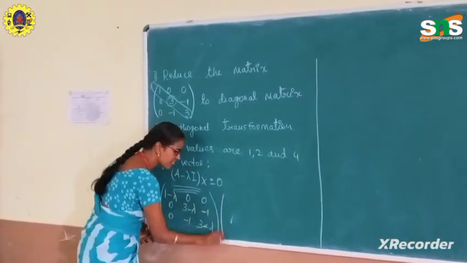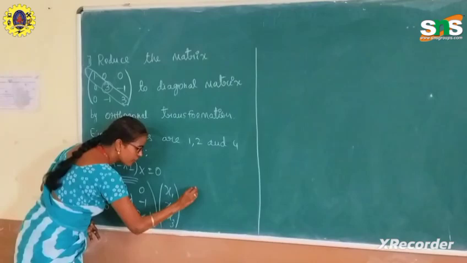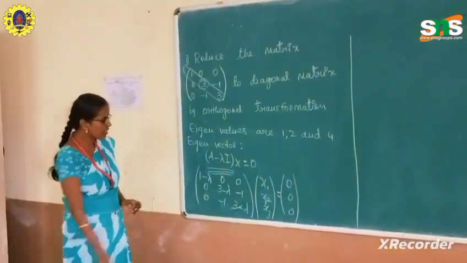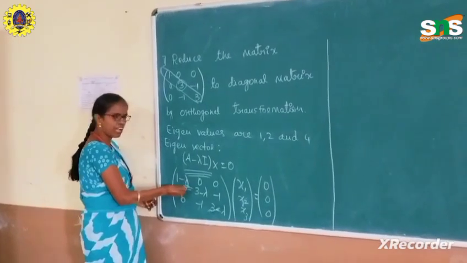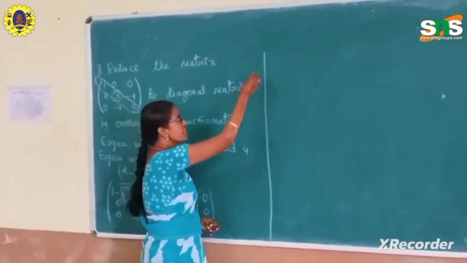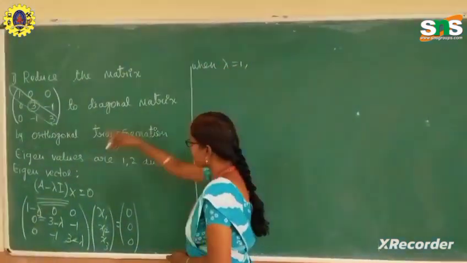Now tell me what is X? Which is nothing but x1, x2, x3, and that should be equal to 0, 0, 0. Now we replace this lambda value one by one. The first value of lambda is 1. So the first case is when lambda equal to 1. Put lambda as 1.